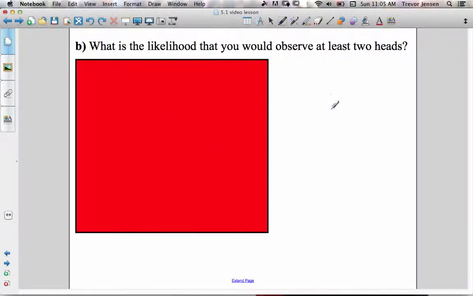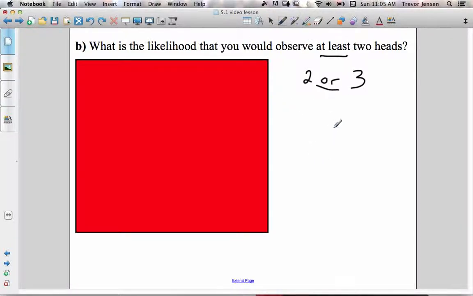Now let's use our probability distribution to answer some probability questions. Once you have your probability distribution done, it's nice and easy to answer these types of questions. Like, what is the likelihood you would observe at least 2 heads? So if we think back to the values of our discrete random variable, we could have 0, 1, 2, or 3 heads. So if we want at least 2, that means 2 or 3.